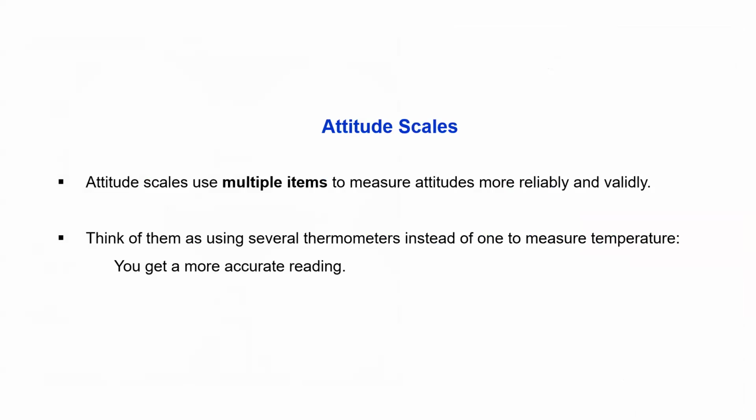Then only we can understand the real situation. As in attitude scales, we use multiple items to measure attitudes more reliably and validly. So these multiple item measures increase the reliability and validity of the scales.